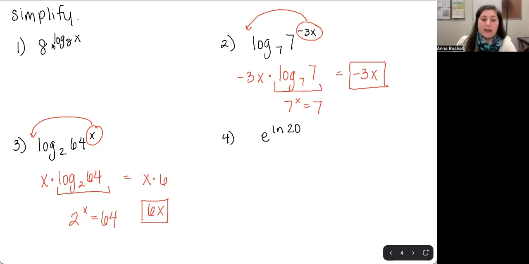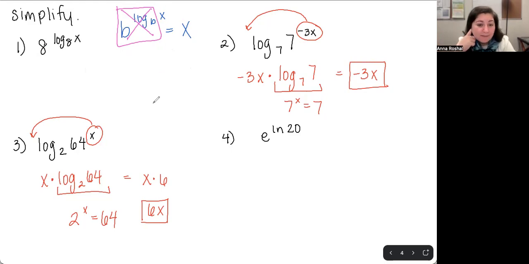In here, I know that it looks a little fishy. There is a property that says when you have a base and you have a log of the same base to a specific number, your answer is just that specific number. Essentially, this whole bit here gets canceled out, and your solution is the solution of the log, if that makes sense.